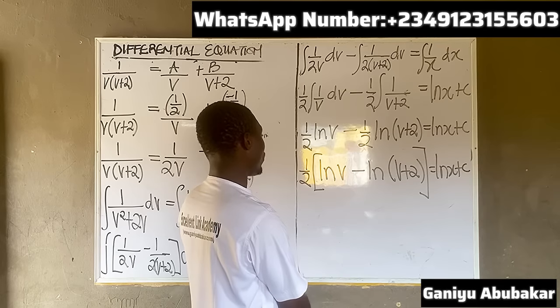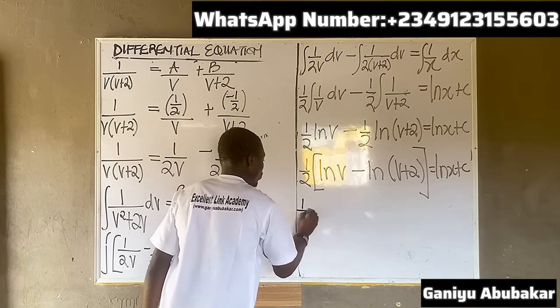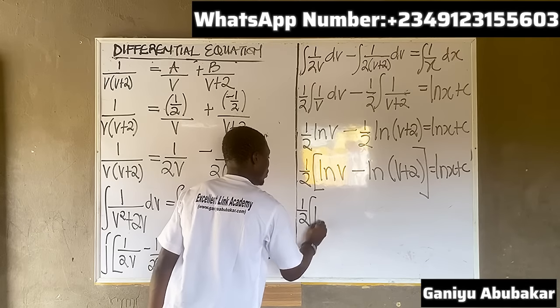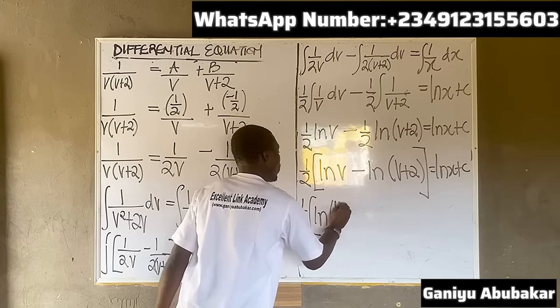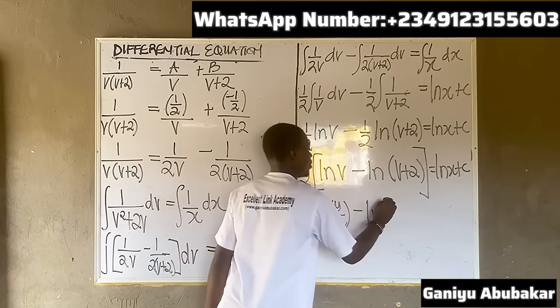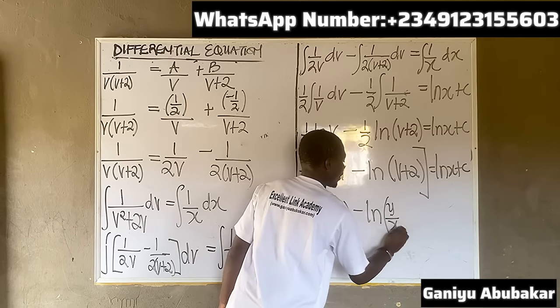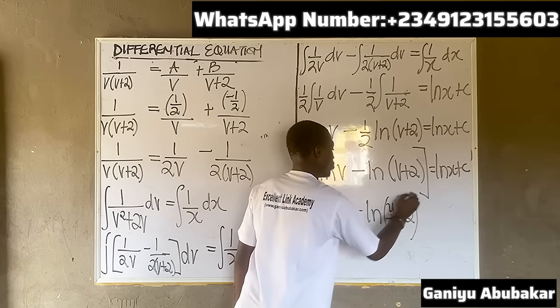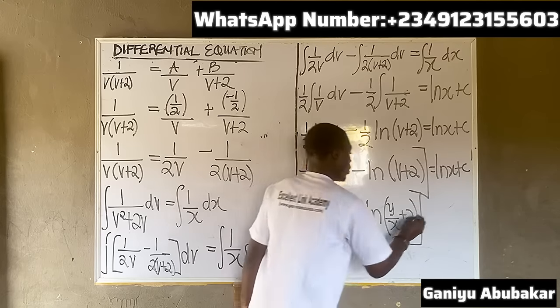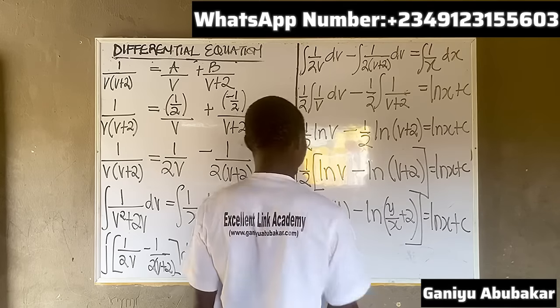Put v as y over x. That gives you 1 over 2 into ln of y over x, minus ln of y over x plus 2, is equal to ln x plus c.